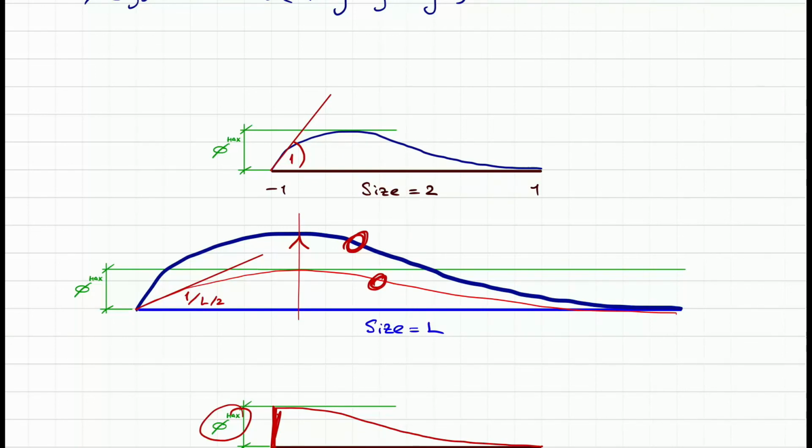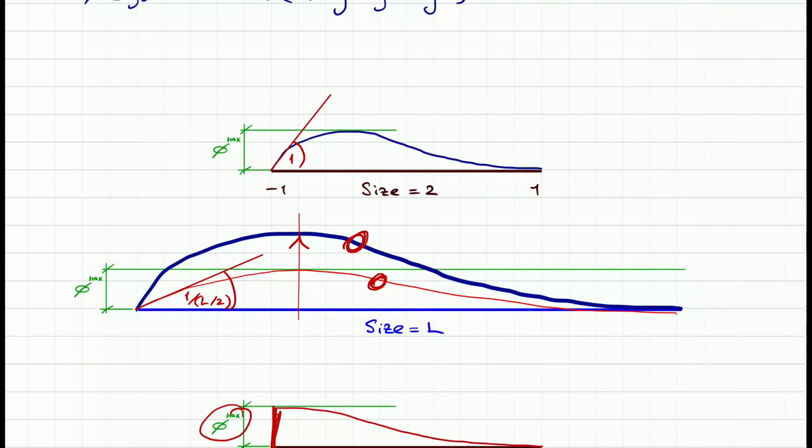Now you can see that you end up with 1 over L over 2. That is the stretching factor you had when you map from numerical to the physical. The physical domain length is L, numerical one is 2. So the stretching factor is L over 2.